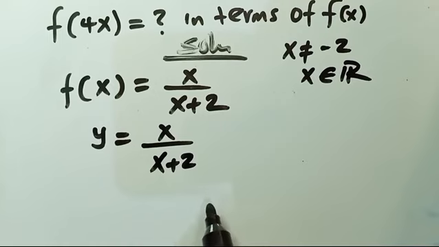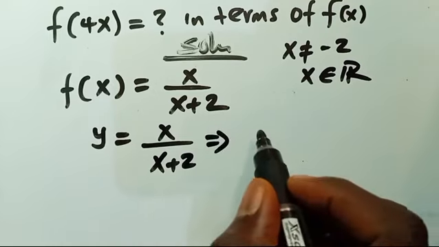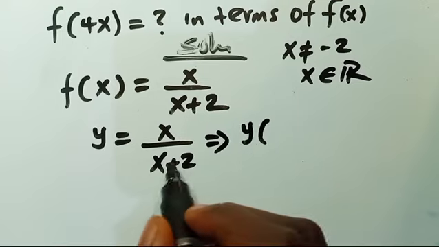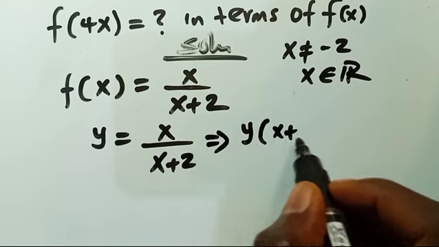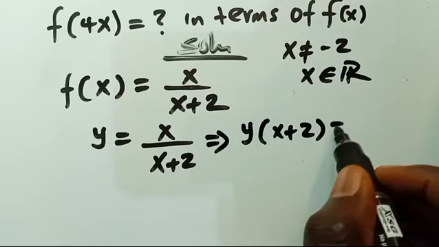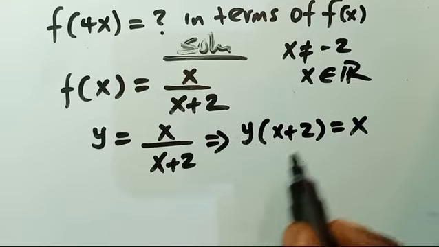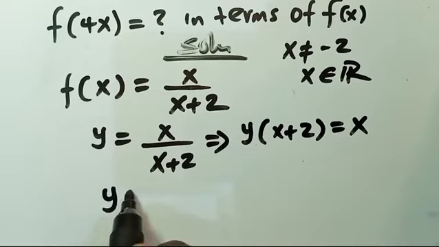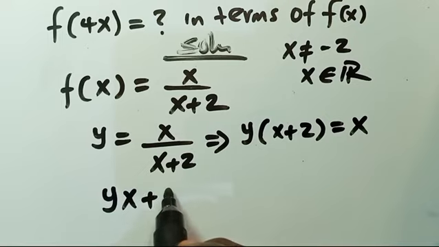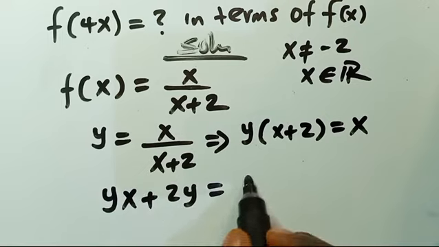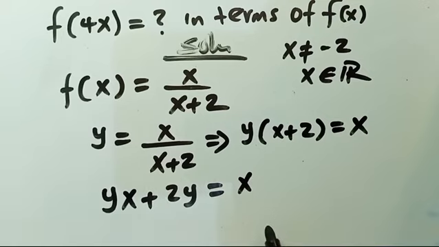So from here we are going to have y times x plus 2 equals x. And so when you open parentheses with this, we are going to have yx plus 2y equals x.